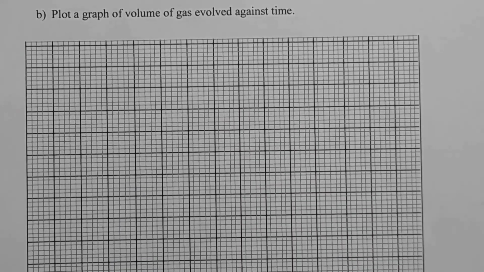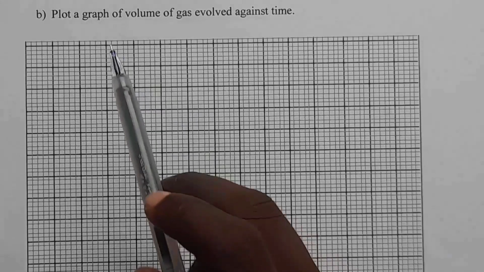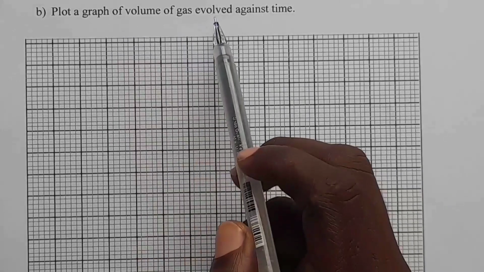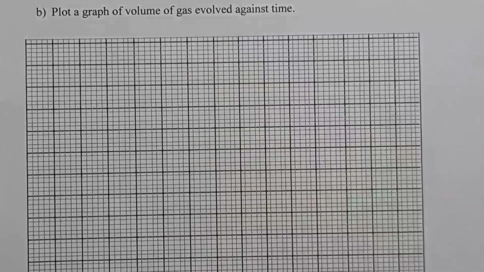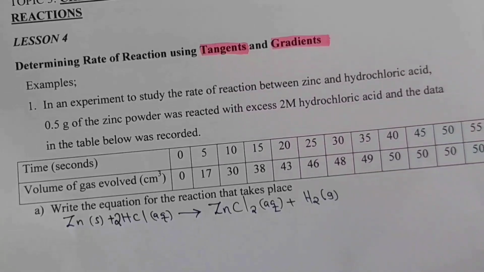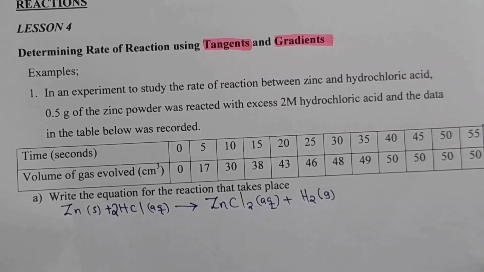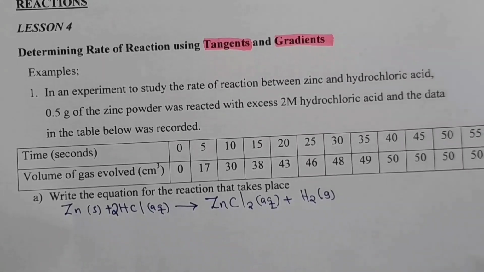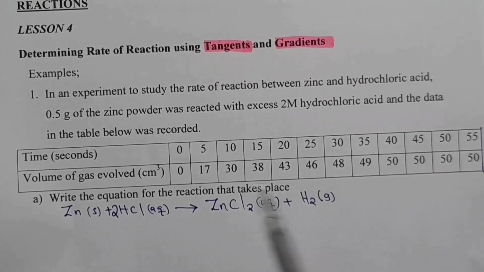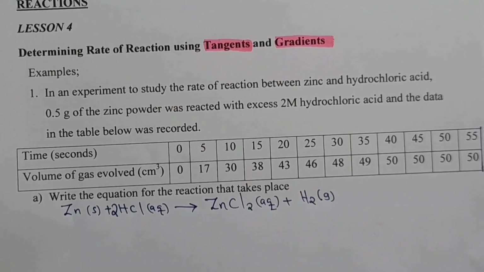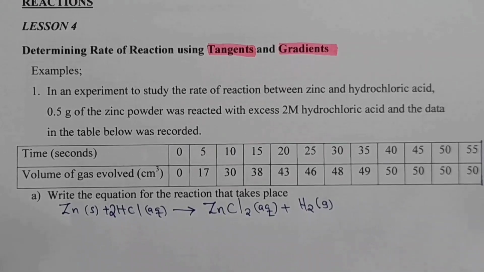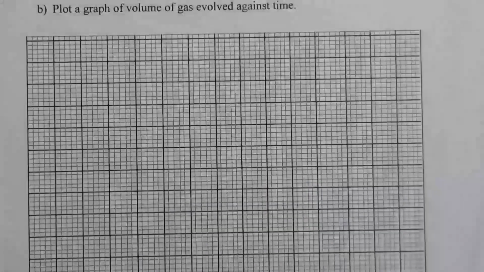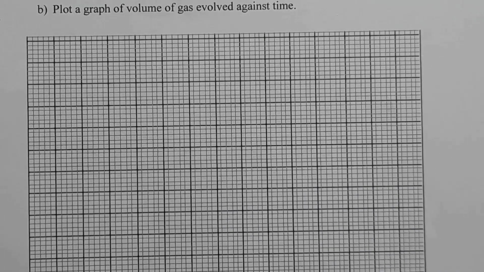Next, we go to part B. We are told to plot a graph of volume of gas evolved against time. Here, we use the table given, and we use those values to draw the graph. Students, have a look at the values given and try to draw your own graph. Me, I've taken my values and drawn my graph.